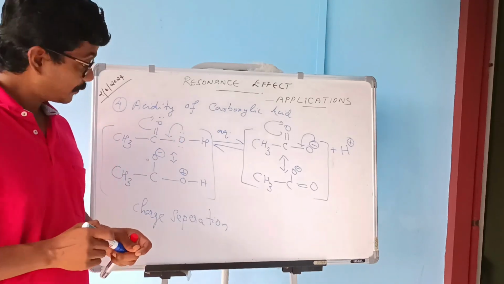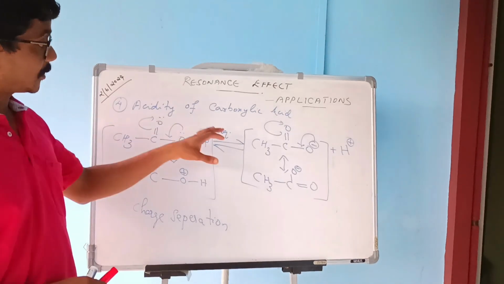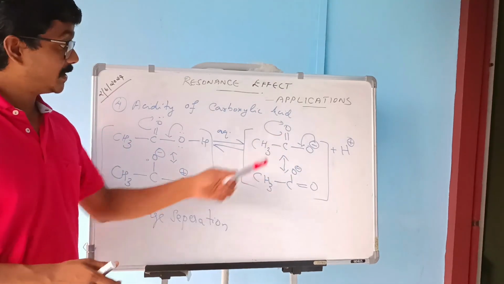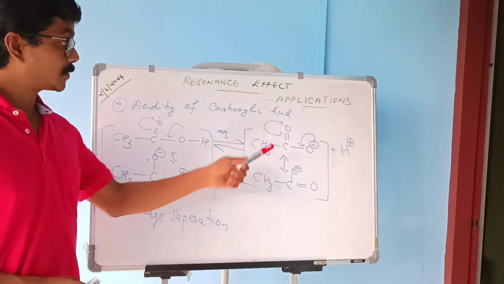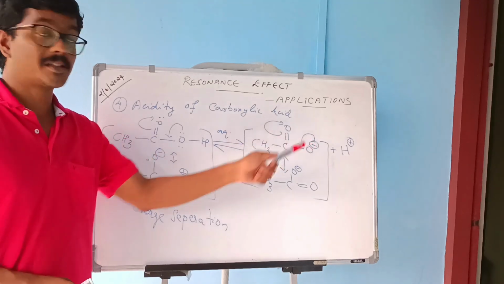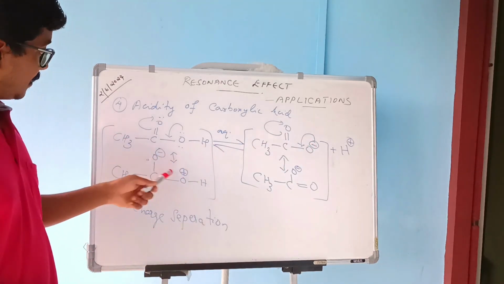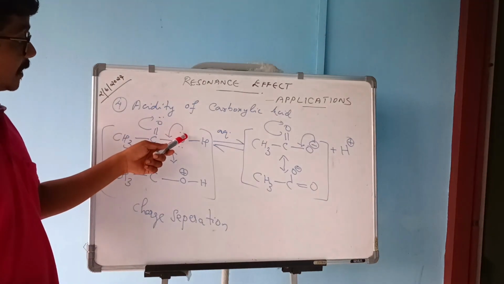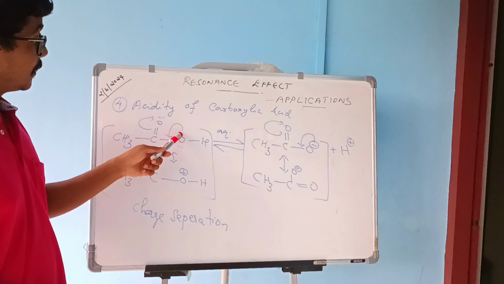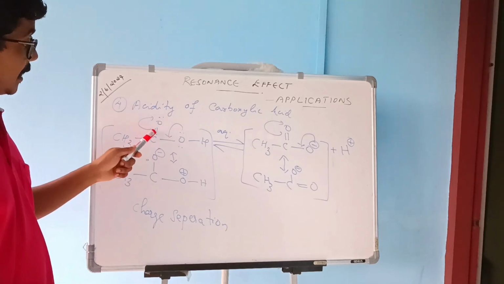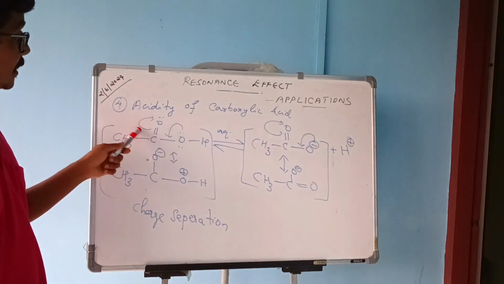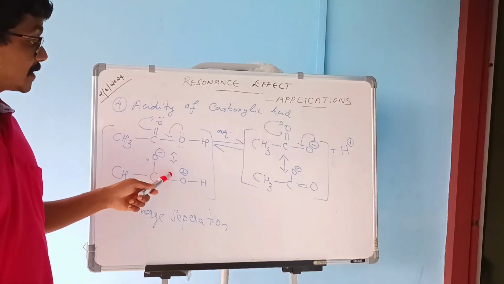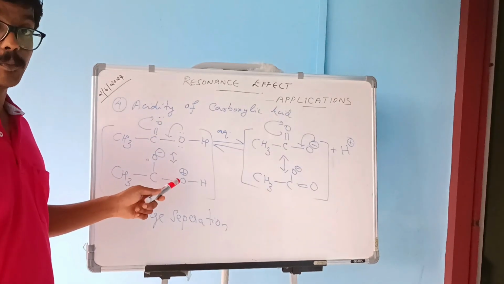Let me repeat again. The carboxylic acid group in aqueous solution releases H plus ion, forming a carboxylate anion, which is resonance stabilized because of the conjugated double bond with a negative charge in alternating position. When we consider a carboxylic acid group, the lone pair present on one of the oxygen atoms moves to the single bond, and the double bond moves to the other oxygen atom, forming a charge separation in the carboxylic acid group.